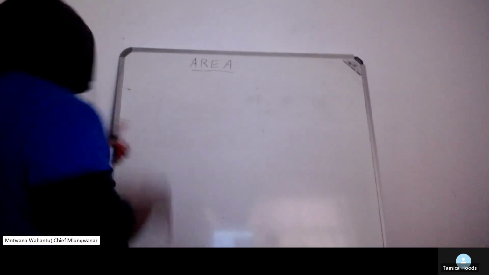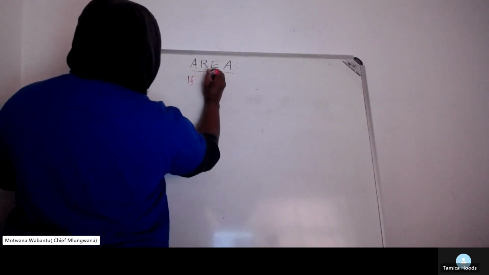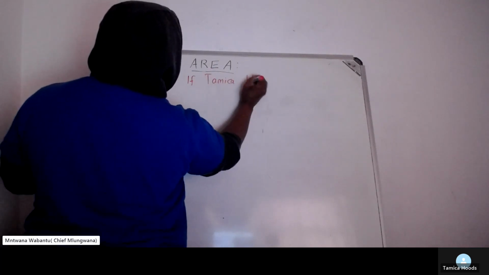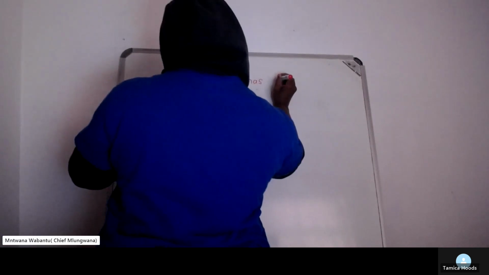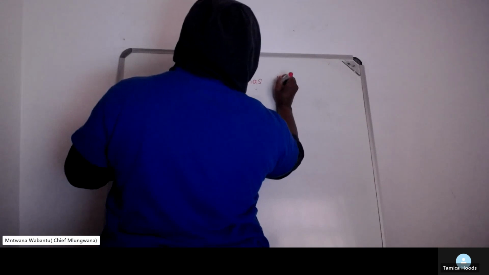Are you there, Tamika? Yes, I'm here. Now they say, if Tamika has a swimming pool, or Tamika has a home garden. She has what? Her home garden.